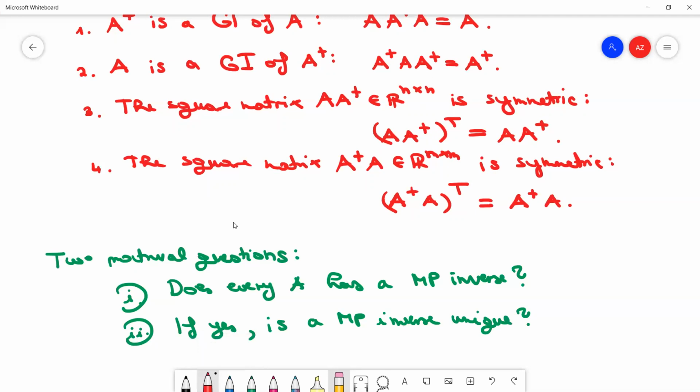So both answers are yes. The Moore-Penrose inverse exists, and it's in fact the Moore-Penrose inverse because it's unique.